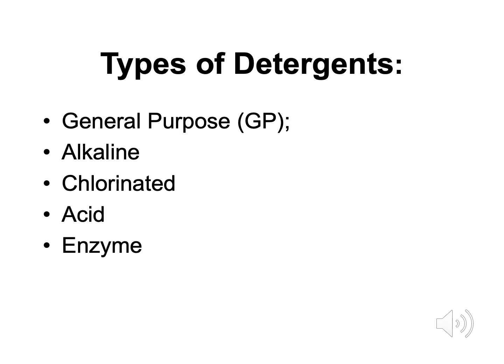We've got general purpose cleaning detergents, detergents with elevated high alkaline pH, chlorinated detergents, acid-based and enzyme-based detergents. So again, work with the detergent distributor. Make sure you have the appropriate detergents and cleaning compounds for your facility.